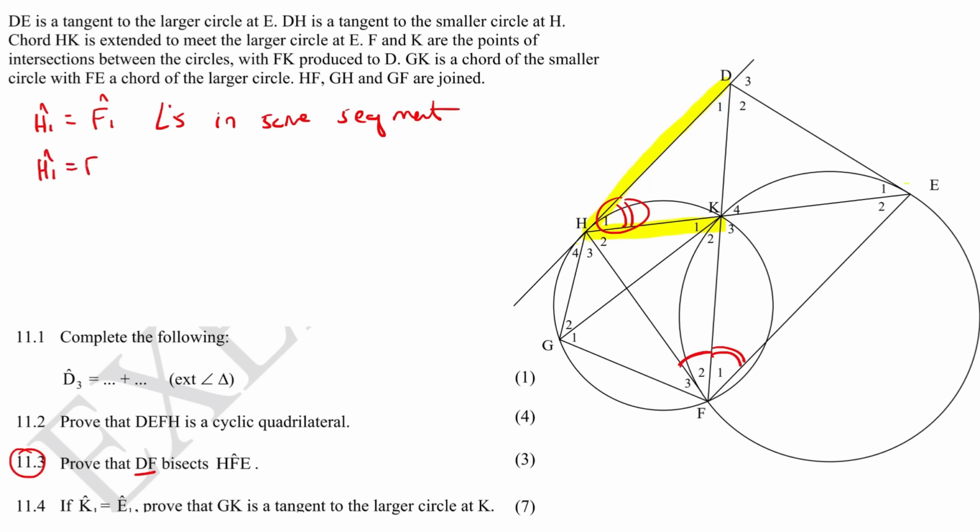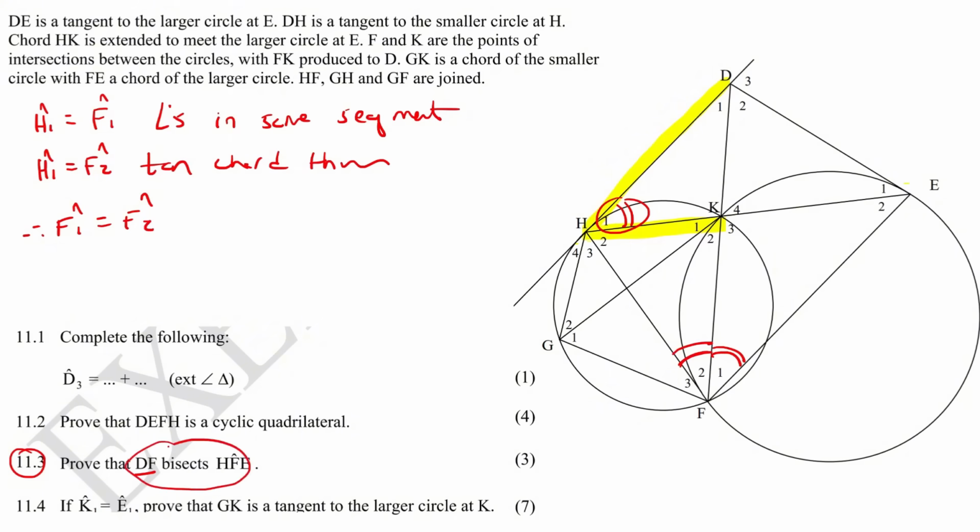H1 is the same as F2, and that's because of the tan chord theorem, which we already showed earlier. So now can you see it? If H1 is equal to F1, but H1 is also the same as F2, then from that, we must be able to say that F1 is the same as F2. And that is exactly what we were trying to show.